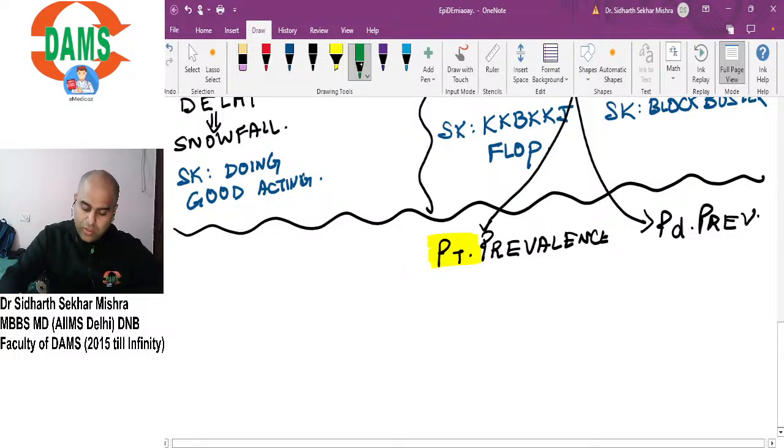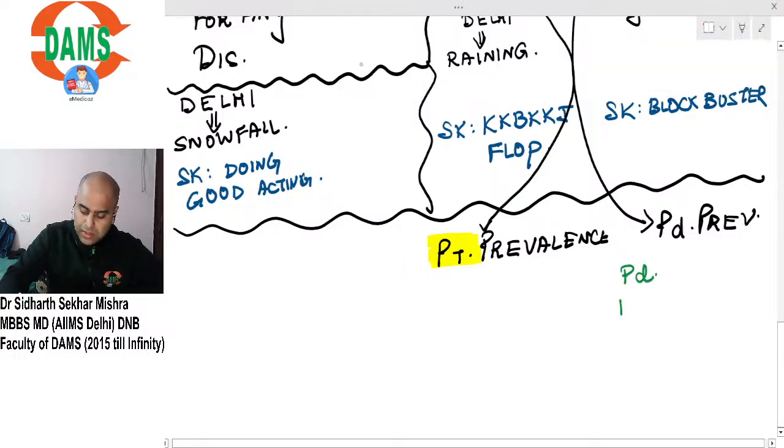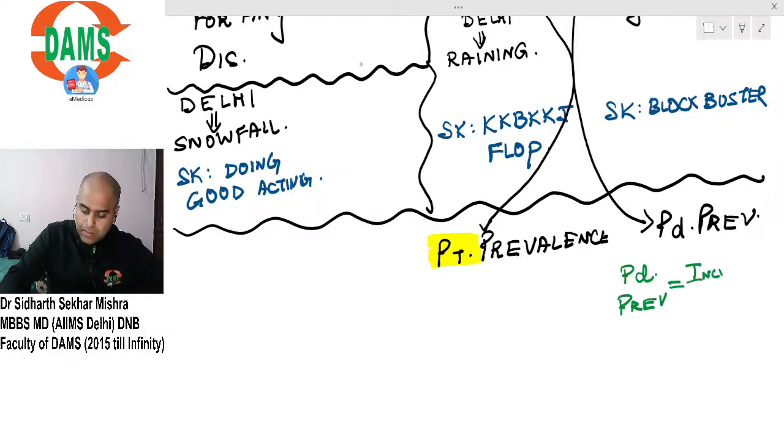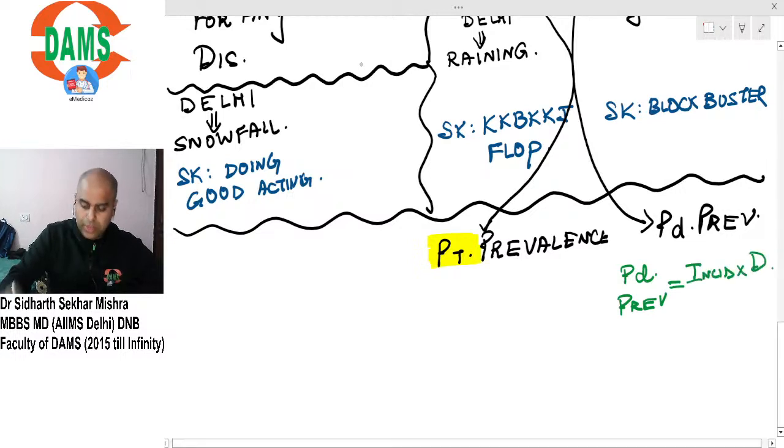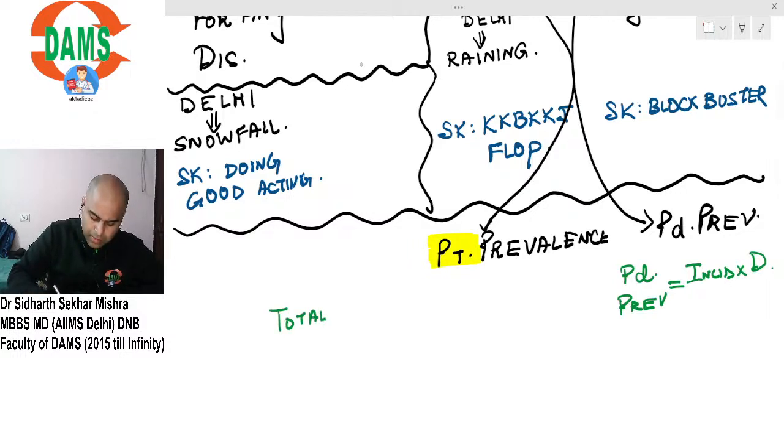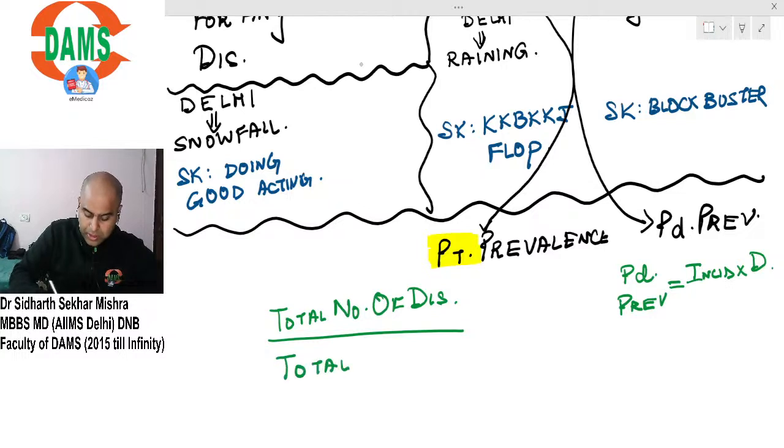So how do we calculate period prevalence? It is incidence into duration. How do we calculate the point prevalence? It is the total number of diseased divided by the total population.